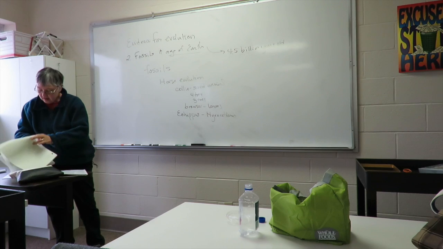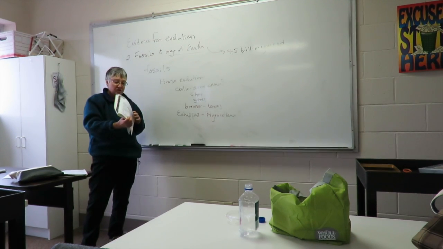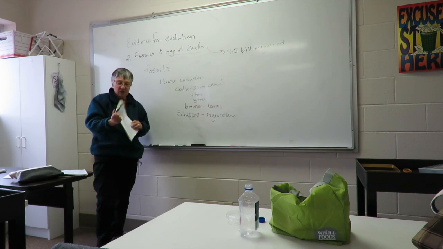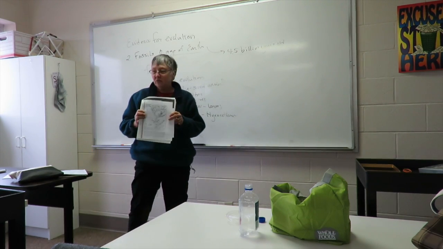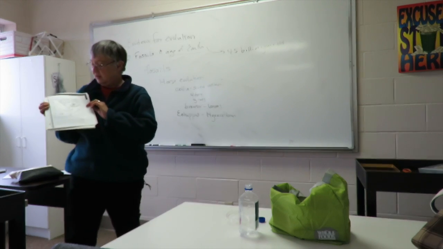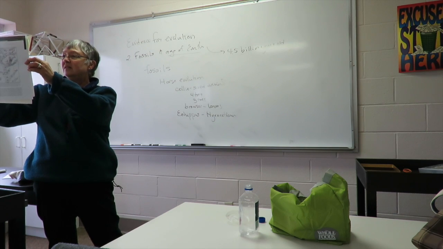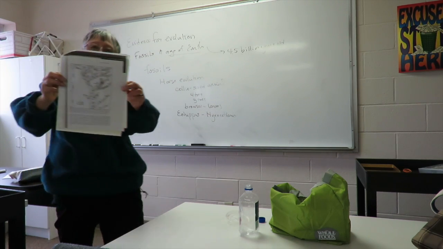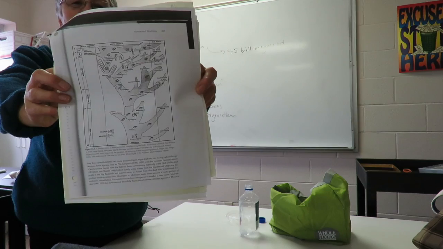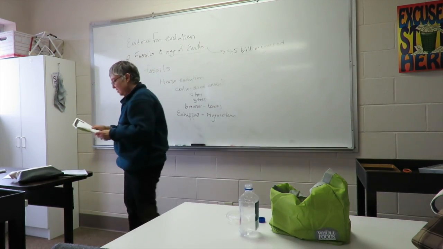And I'm not going to go into a lot of detail about the evolution of the horse, but I do want to show you a more modern evolutionary tree. This is a representation of what we currently think about the ancestors of the horse.